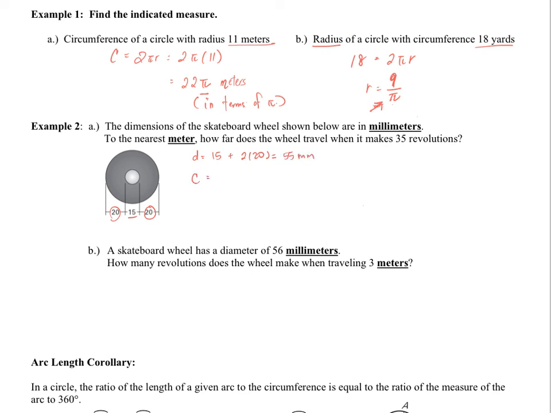And to calculate the circumference, we can take pi times 55, and since this is a word problem, it'd be better that you use your calculator and take 55 times pi to get a decimal number, and we will round it to the nearest hundredths.